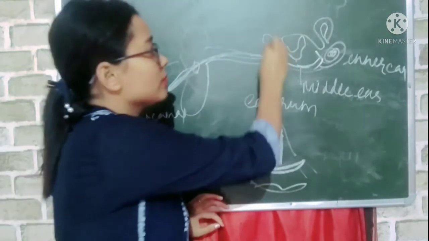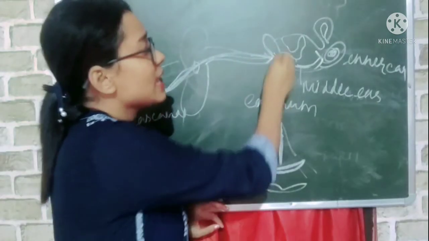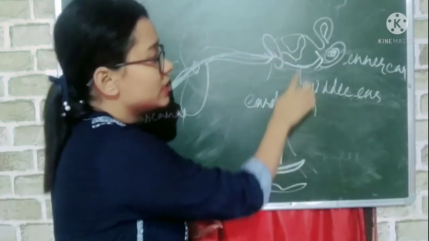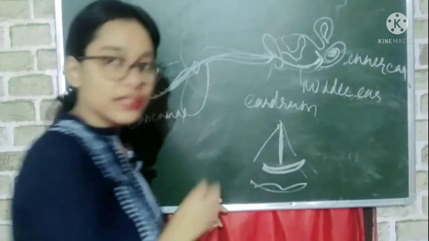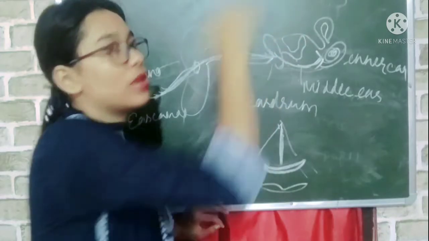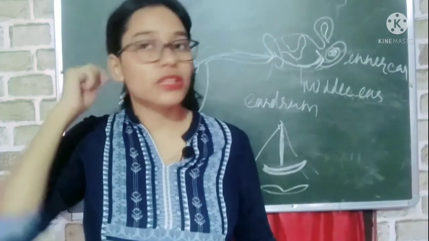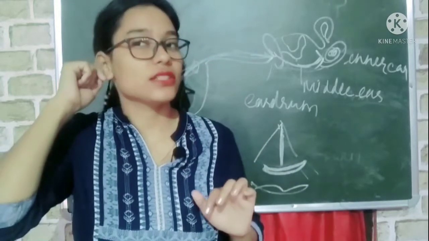In the eardrum the sound is amplified, and it passes through the middle ear to the inner ear. From the inner ear the vibrations are sent to our brain. The outer part of our ear is called what? Pinna.